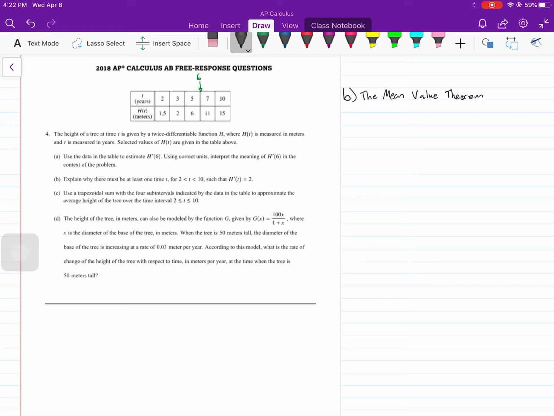Well, the mean value theorem states that if h is continuous, and differentiable actually, but we already know this is differentiable, so I should have added that in there.